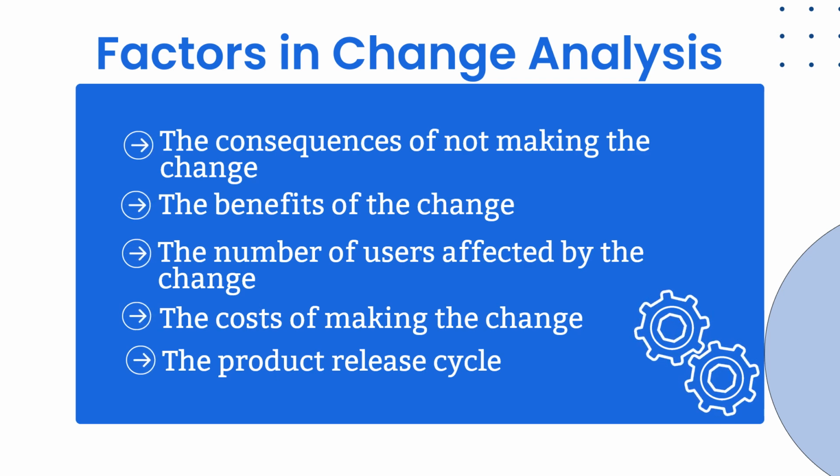The cost of making the change. This consideration entails estimating the cost in terms of money, resources, and time for carrying out the modification. It considers the financial outlay needed for preparation, creation, testing, training, and any potential setbacks during the implementation process.